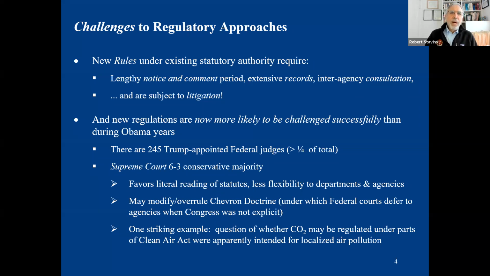In fact, there's a possibility that they will actually overrule, or at least modify, what's called the Chevron doctrine, which has been in place for decades, under which federal courts deferred to the agencies when Congress was not absolutely clear about what it wanted or had in mind in a statute, which it does regularly with statutes which are not sufficiently specific.